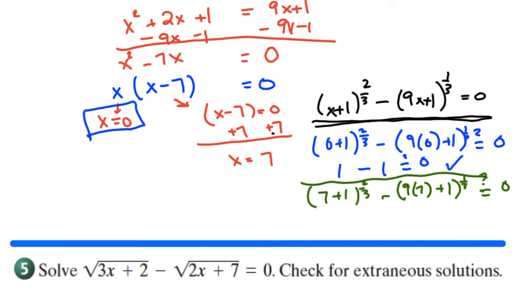All right, so 7 plus 1 is 8. 8 raised to the 2/3 is going to give us 4, minus 9 times 7 is 63. 63 plus 1 is 64. The cubic root of 64 is 4. Does 4 minus 4 equal 0? It sure does. So 7 is also a solution.